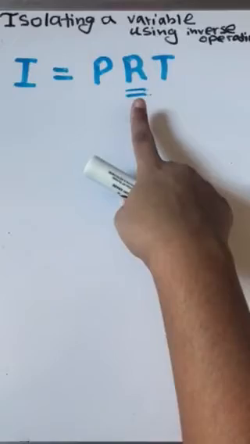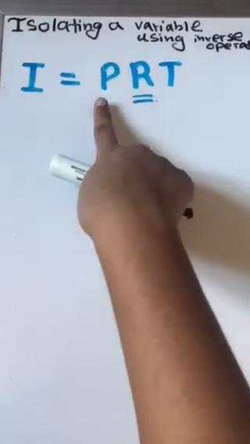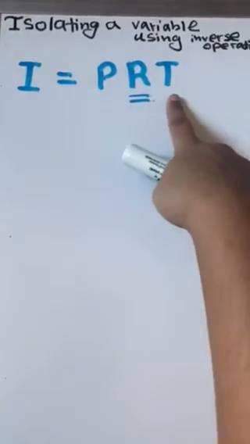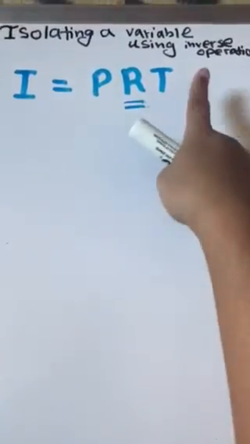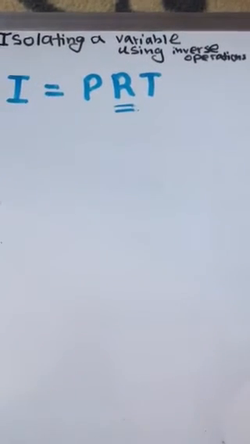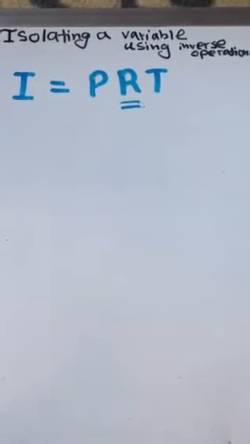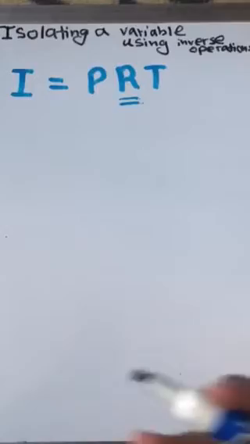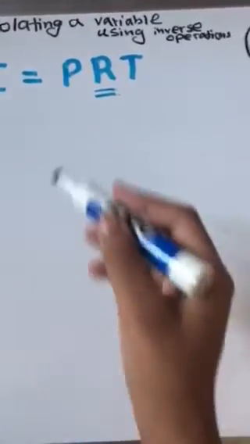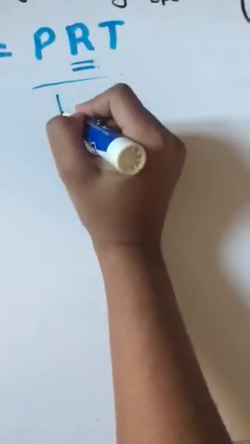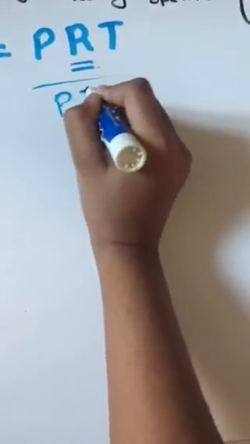R is getting multiplied by both p and t, which means to cancel p and t using inverse operation, I have to do the inverse of that. I have to do the opposite of multiplication, which is division. That means I can divide both sides by p and t.